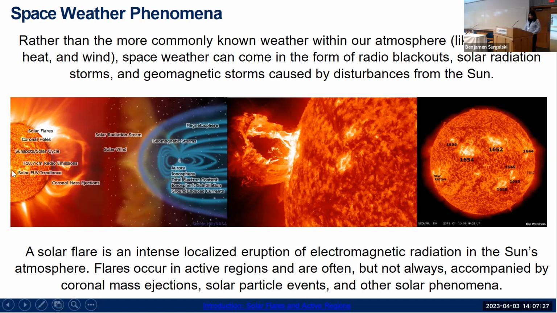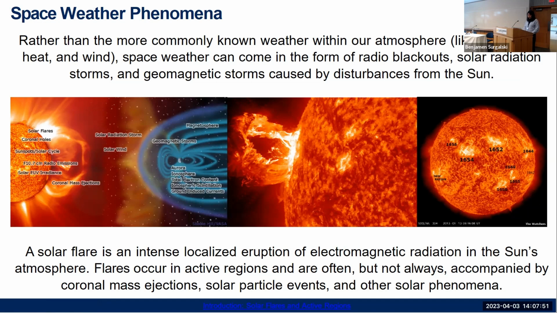So again, this big ball here is the sun, and this tiny little thing here is the Earth that we are living in. So there's a bunch of events that might be happening on the solar surface. Some of them are called solar flare events. That's something that we're interested in. And there's also other stuff called coronal mass ejections or solar energetic particles.